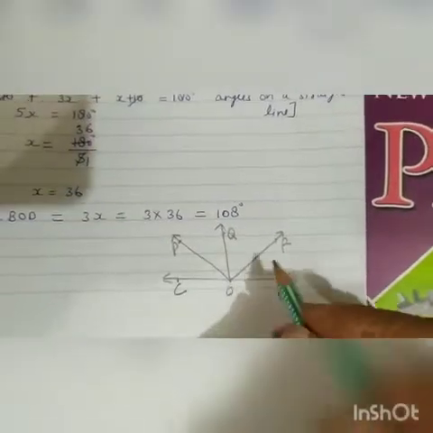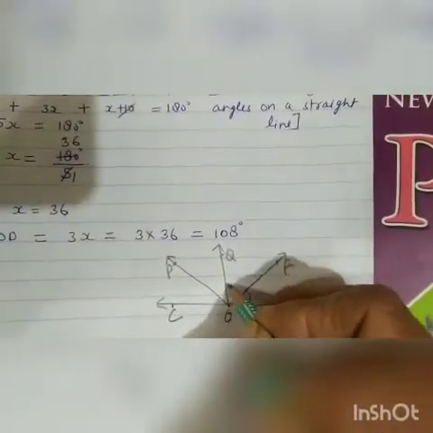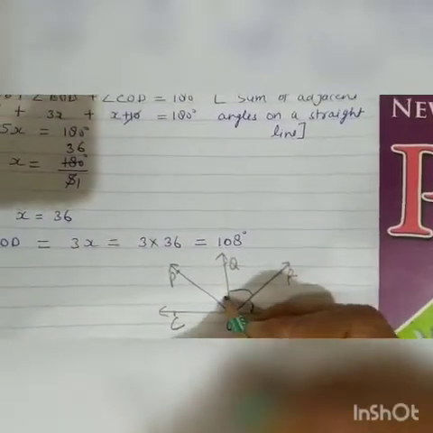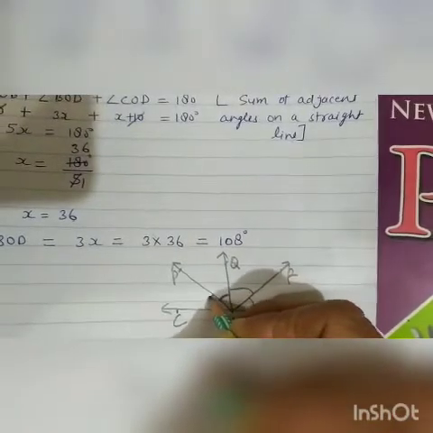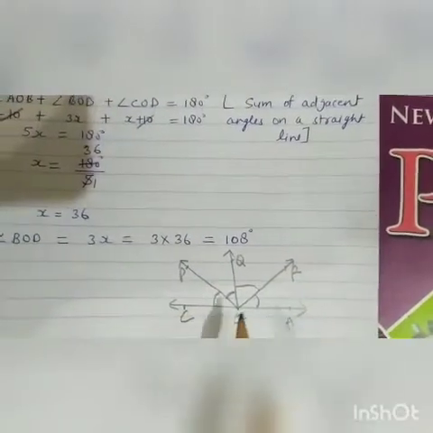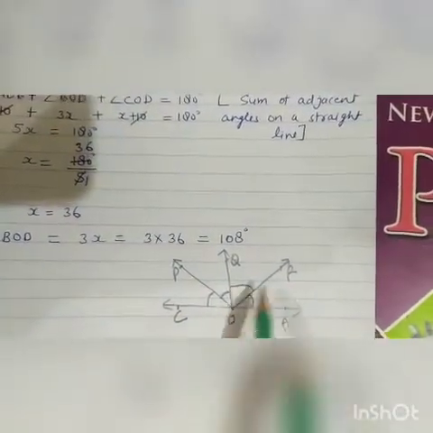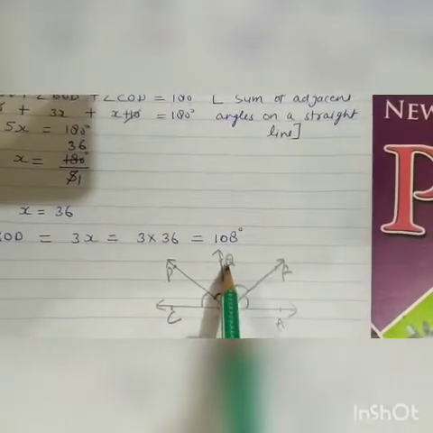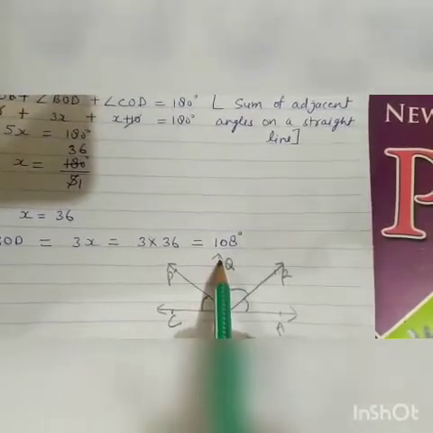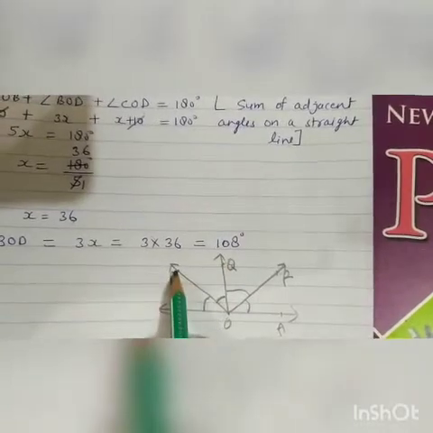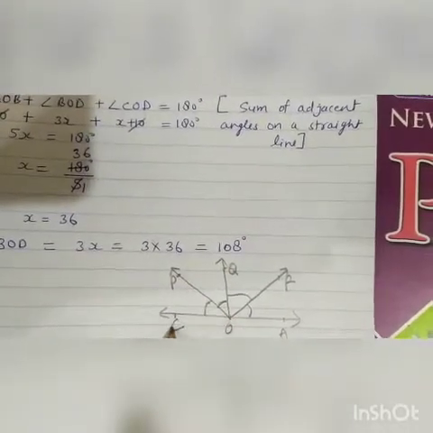Now how many angles are there? This is angle 1, this is angle 2, this is angle 3, this is angle 4. Then angle AOR plus angle ROQ plus angle QOP plus angle POC.